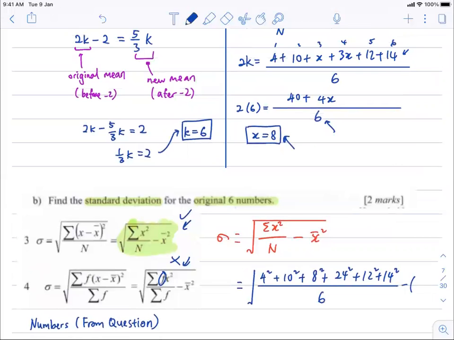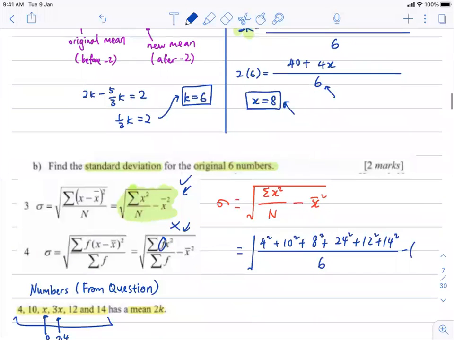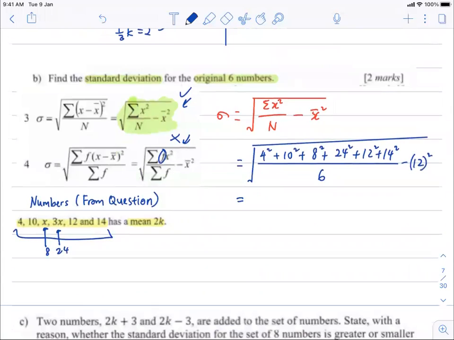And the mean is 2k, which is 2 times 6, so 12 squared. Then square root. So type this into the calculator. We'll get standard deviation equal to 6.2183.